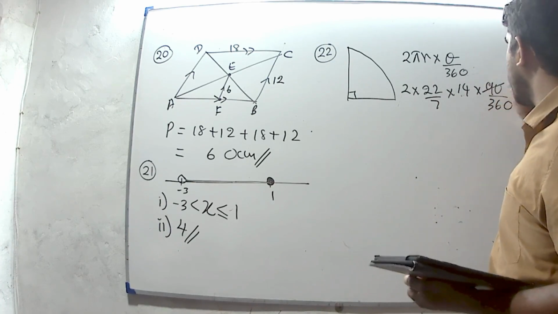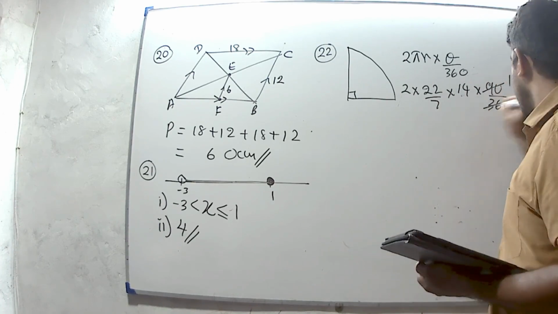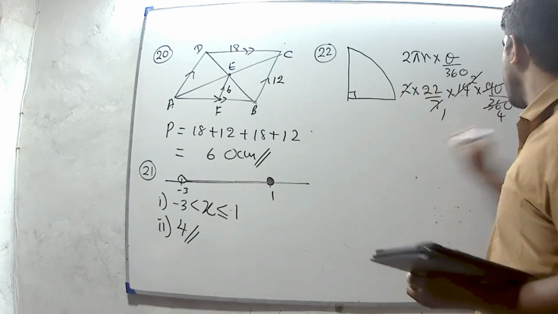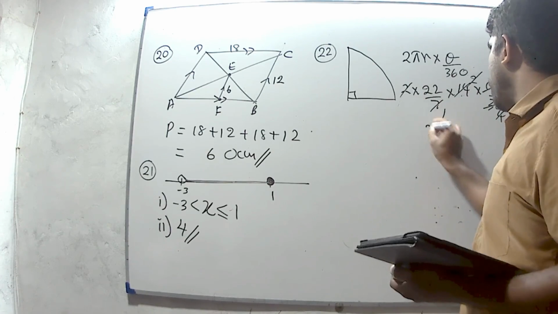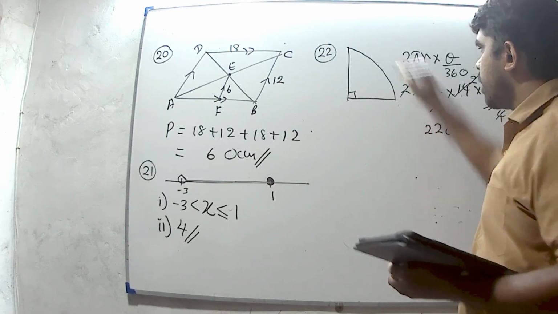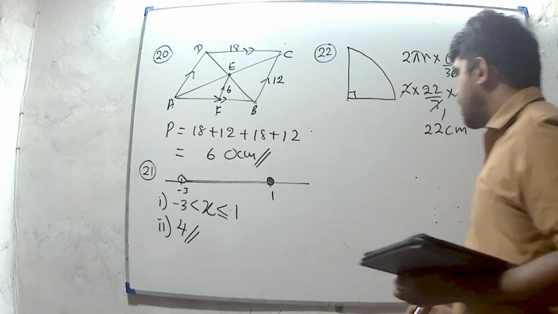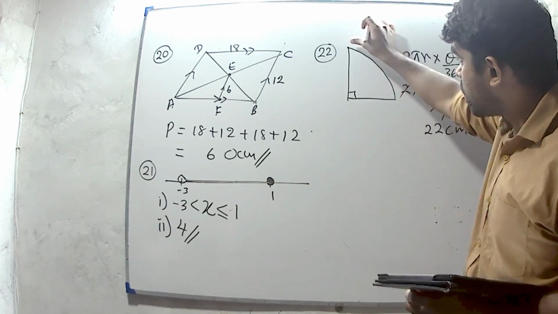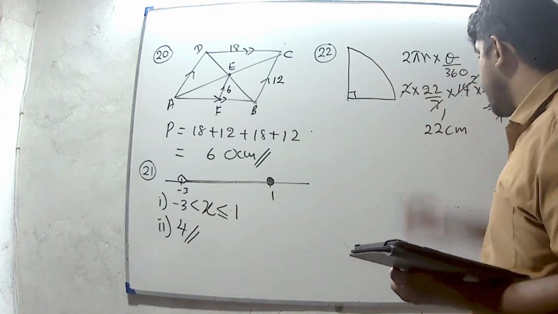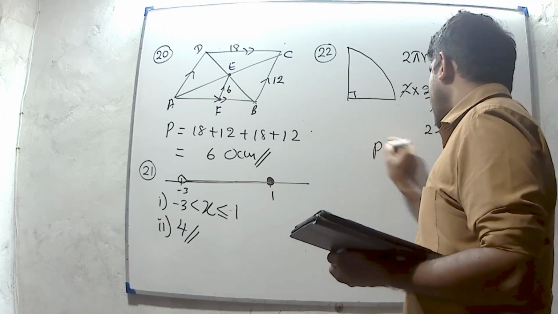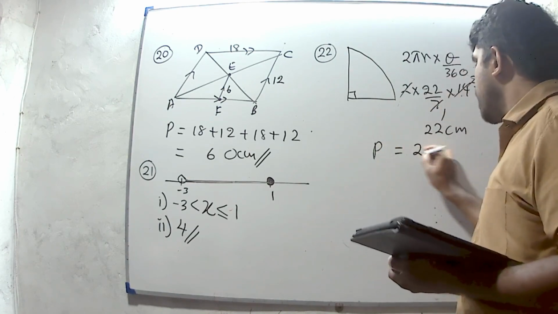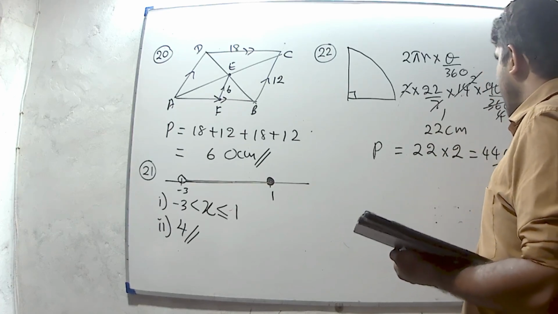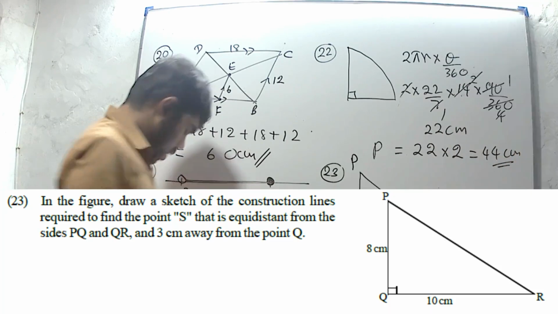We can cancel out 90 divided by 90, then 4. Divide by 7, 1, 2. We can cancel out 2 and 4. 22 centimeters is this arc length. But the shaded region has 2 arcs of the same length. Therefore, the perimeter of the shaded region is 22 multiplied by 2, which is 44 centimeters. So we add 22 and 22.